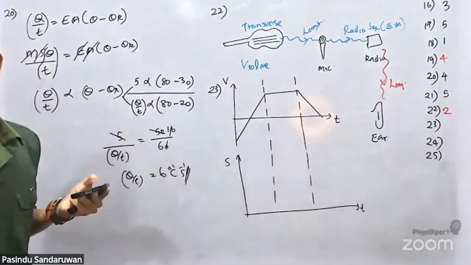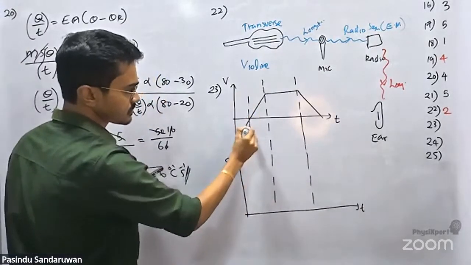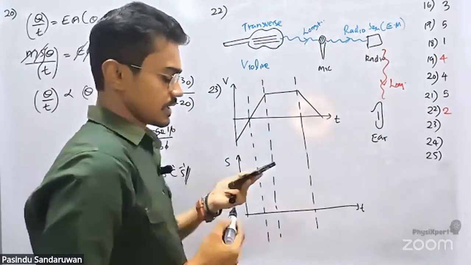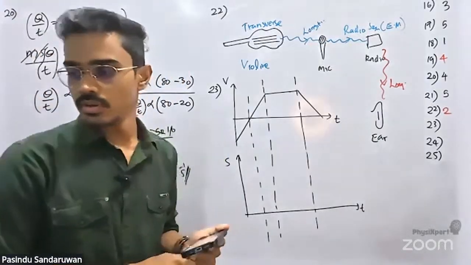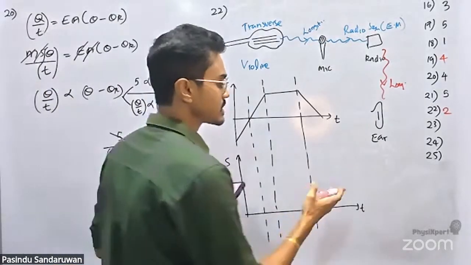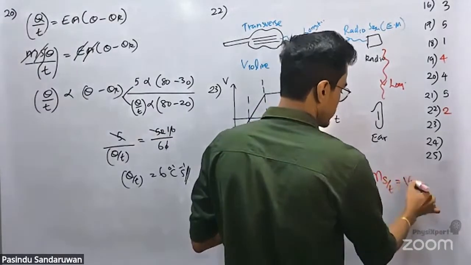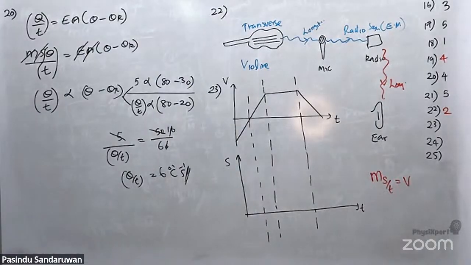The relationship between these two is: gradient of ST is velocity. Right? Gradient of ST is velocity.